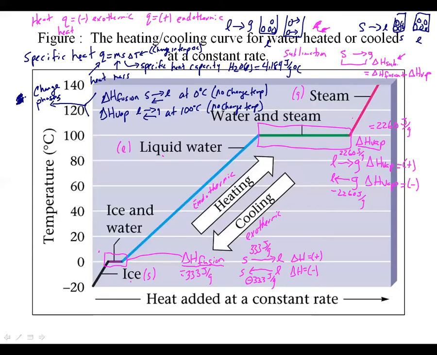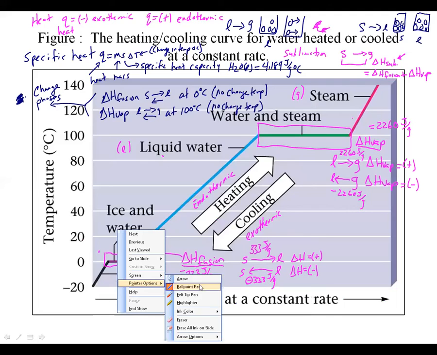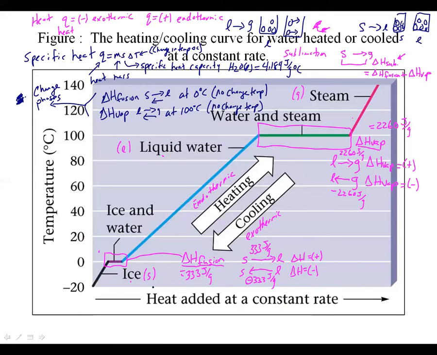And that is different than specific heat that we used earlier on. Specific heat, that Q equals ms delta T, is used when we actually do change the temperature, but the phase remains the same.